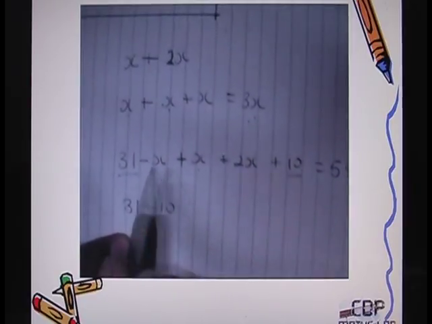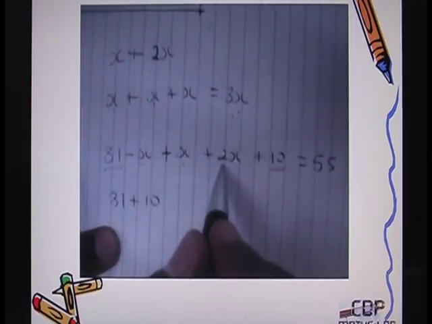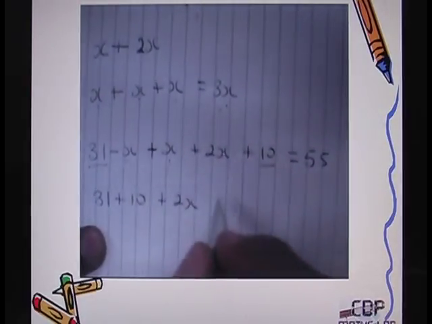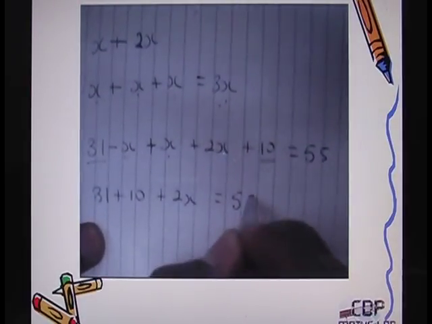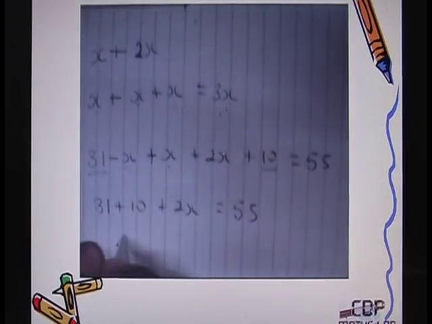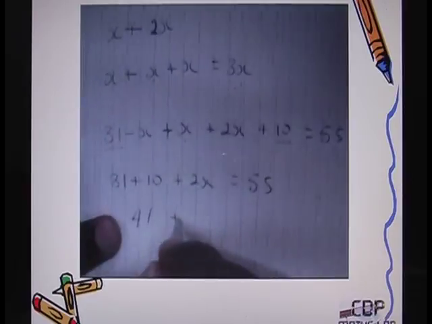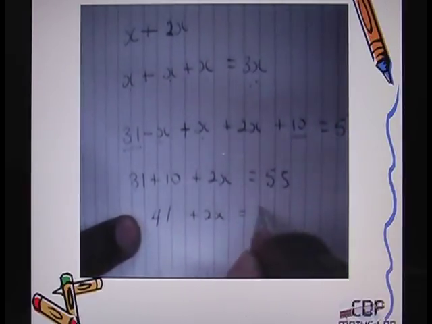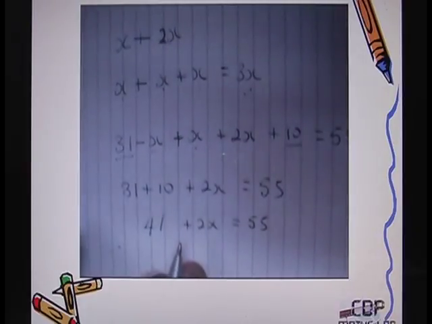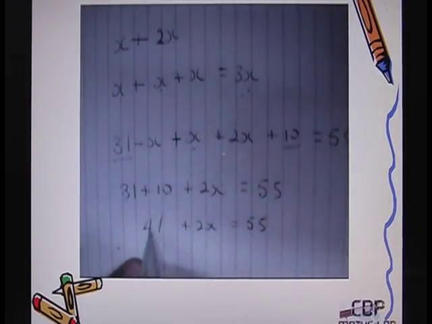So what is left is 2X, plus 2X equals 55. So we have 31 plus 10, which is 41, plus 2X, which is equal to 55.